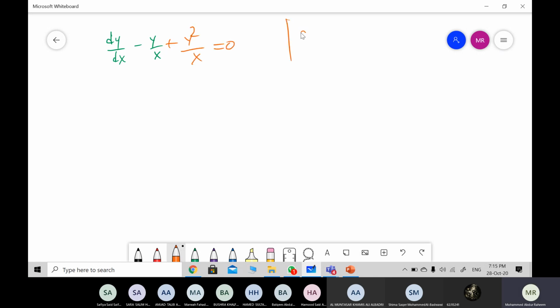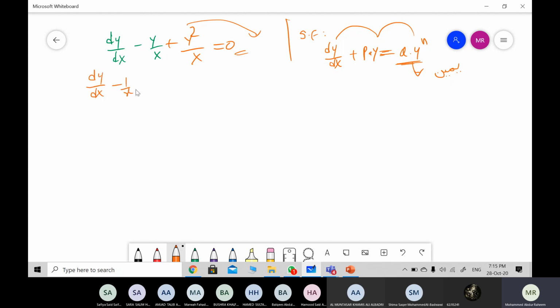Yes, the standard form is important: dy over dx plus P y equals Q y to the power n. That is y to the n. This term must be on the right side. But here the y square term is on the left side. So bring this side, khalas.